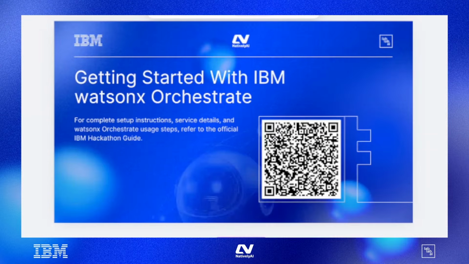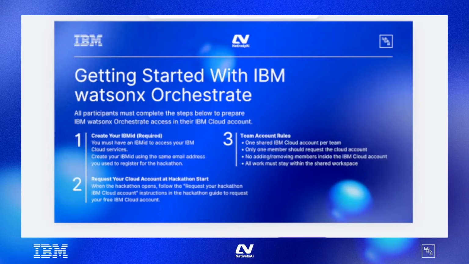And then, if you'd like to explore how to actually get started with IBM watsonx Orchestrate, scan another QR code we've got for you and find their complete setup instructions, all the details, and all the steps required to successfully set it up. This is the official IBM Hackathon guide, and the link is also available on the event page.